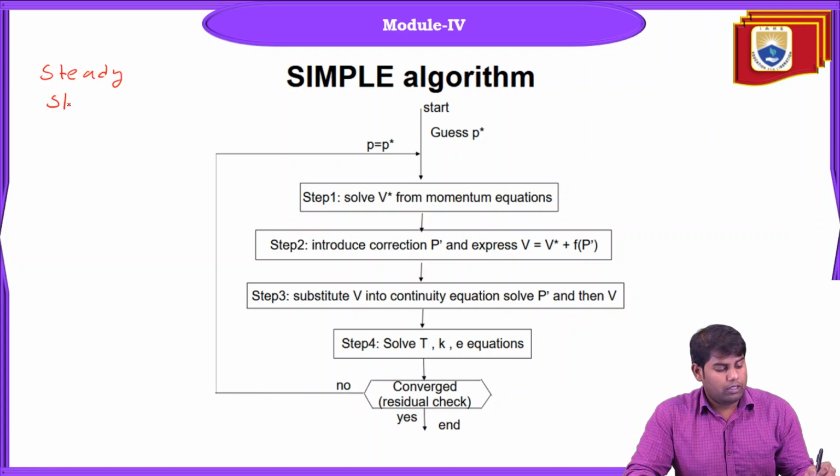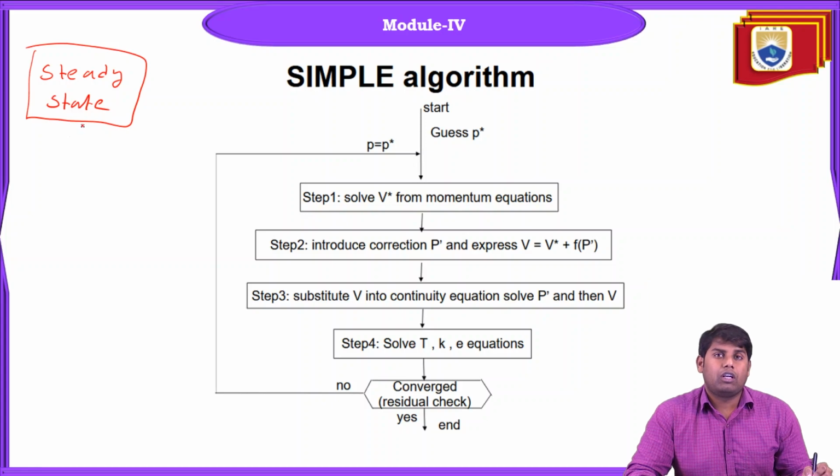Steady state, in the sense, we have time derivative terms in the equations. Equations in the sense what? Continuity equation, momentum equation, energy equation. Let's say dou rho by dou t plus del dot V equal to 0.